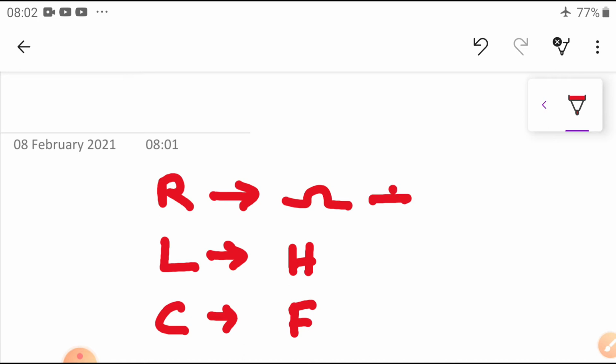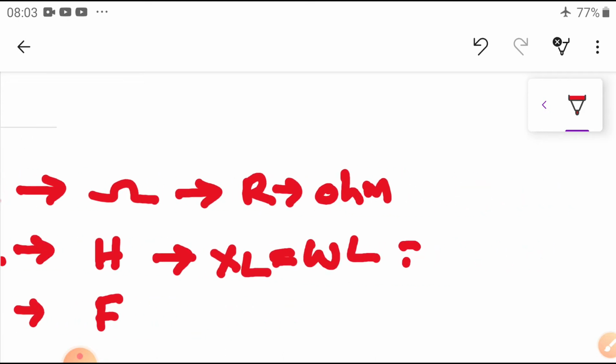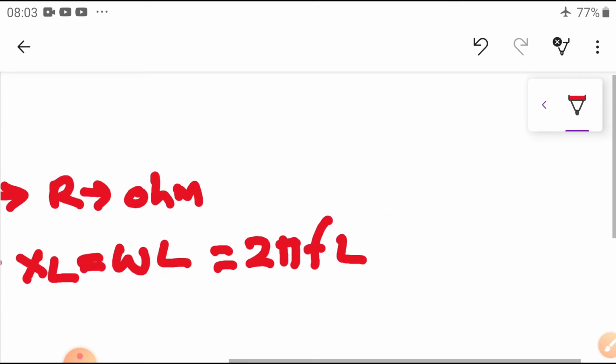Now, resistance is always an ohmic value, whereas for a henry, if frequency is given, then it becomes XL, that is equal to omega L. Okay. So, omega L is equal to 2 pi f L. What is the unit? The unit is ohm.